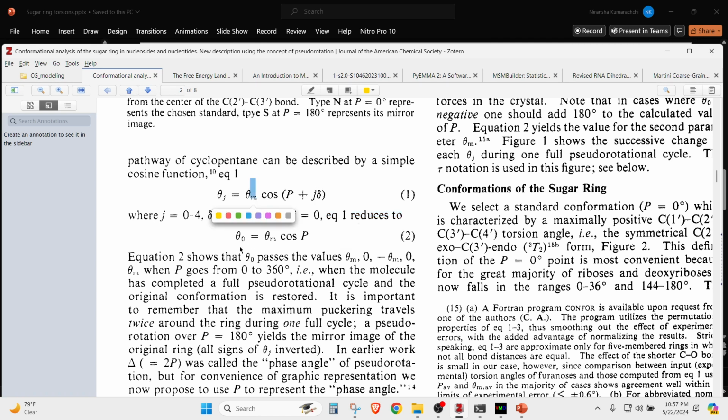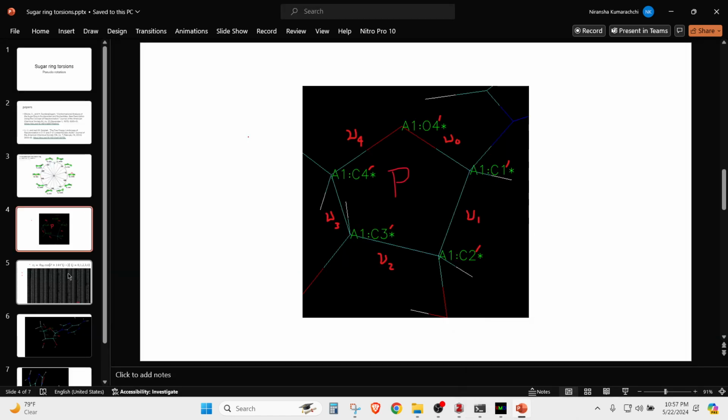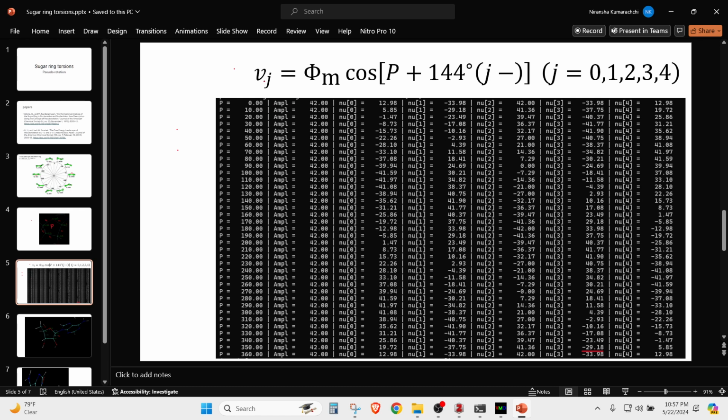And this theta m is the amplitude of the sugar. I will explain what this amplitude is, right? So we can write this as a modified equation like this. This is mu 0 to 4, and this is the amplitude, right? The amplitude is always used as 42, which is the maximum amplitude for RNAs.